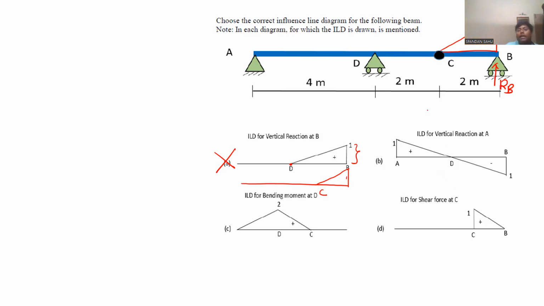Now, ILD for vertical reaction at A. Remove RA and apply unit lift at joint A. So let us do like this.